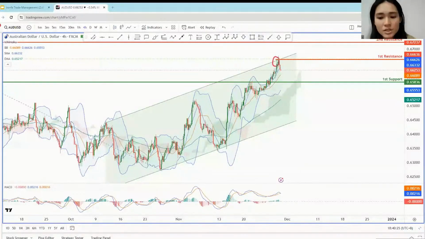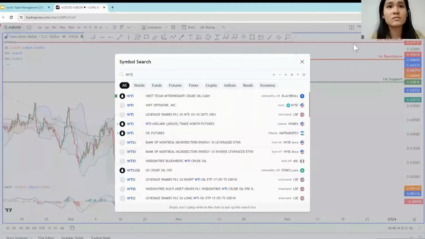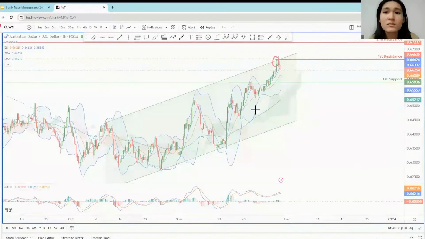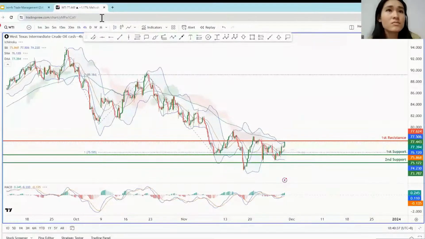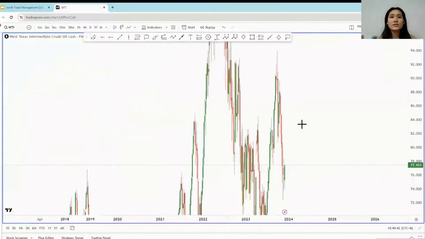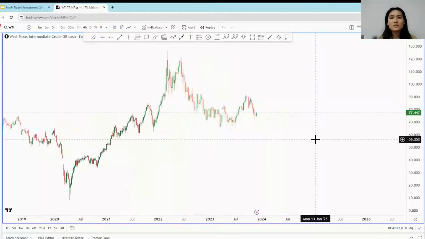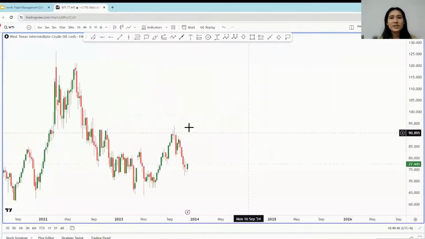Okay. Shall we look at WTI? Okay, so on our weekly time frame, prices are kind of ranging.